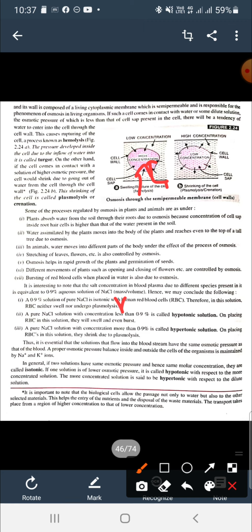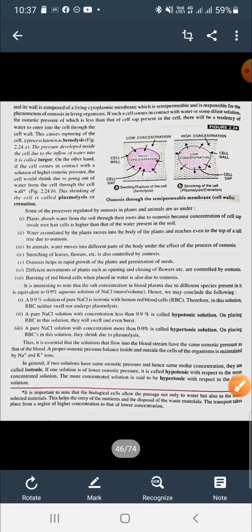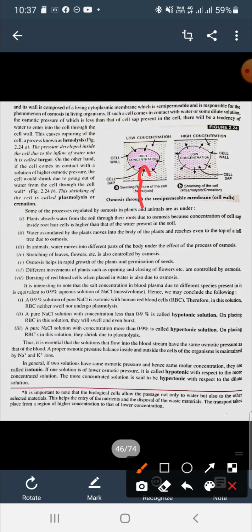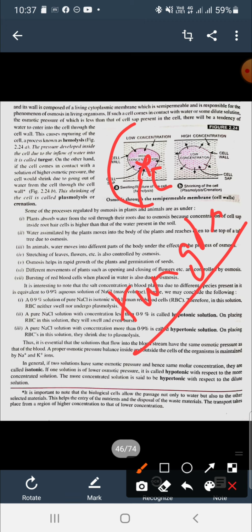This is known as hemolysis. And when the solvent molecules enter into the cell, the pressure developed inside the cell due to the inflow of water into it is called turgor. Turgor is the pressure developed when the solvent starts entering into the cell, and this process is known as hemolysis.